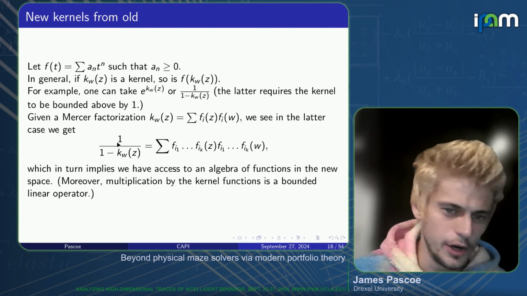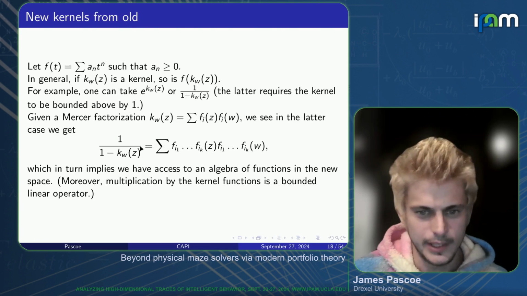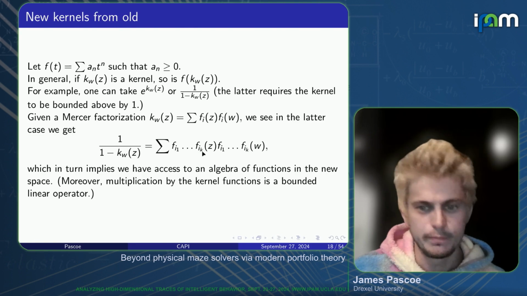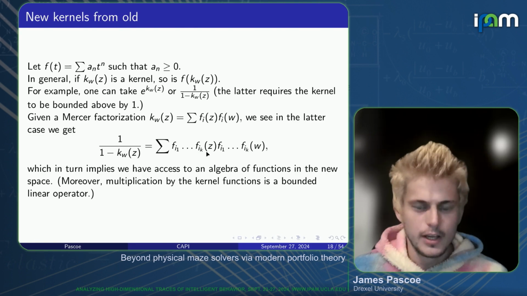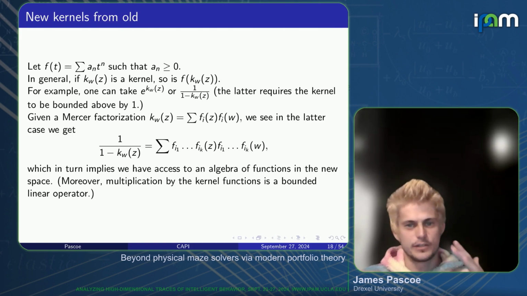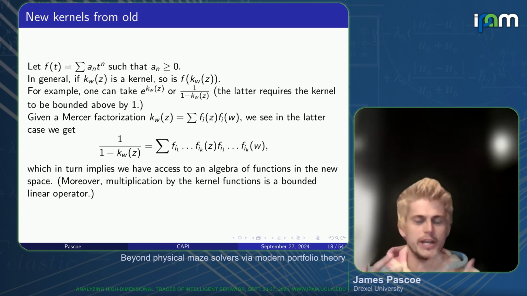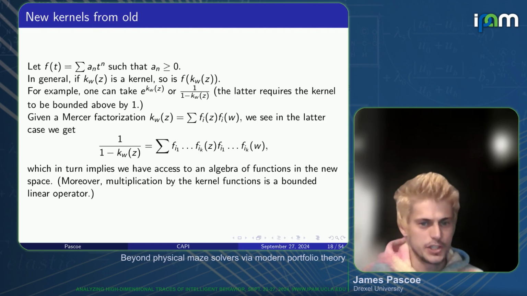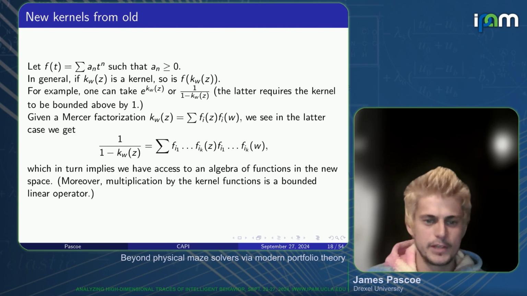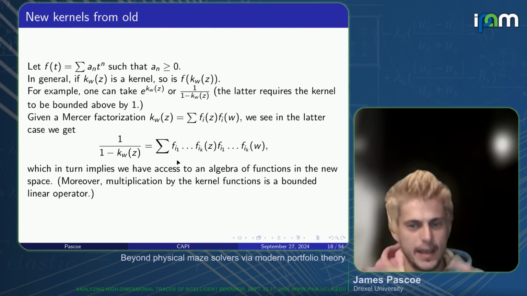And so then if I took 1 over 1 minus the kernel, and I distribute out what this is, I get all possible arrangements of multiplying the f's together. So what this says is that I took a space that had, say, linear type functions, and then I added a whole function algebra over it. So this is something that's very nice. This is what happens whenever you go from one kernel to these more complicated kernels. So then we can deal with more functions, and this emulates having a feature map.